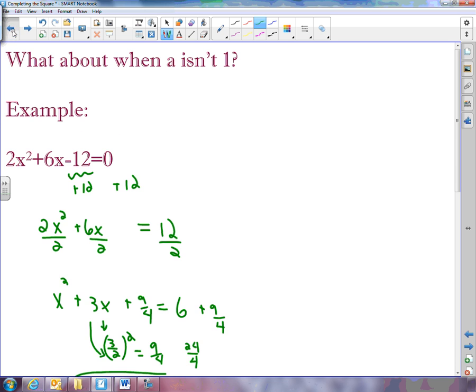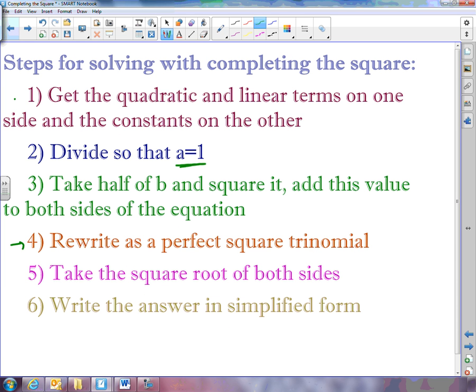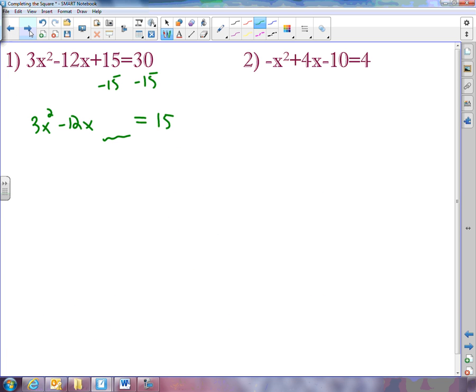So far we have done step 1, and we need to do step 2 now. We're going to divide so that a equals 1. Because our a currently is 3, I'm going to have to divide everything by 3. That's going to give us x squared minus 4x equals 5.